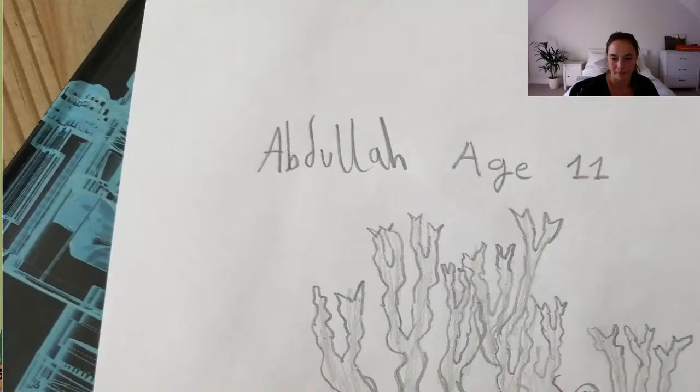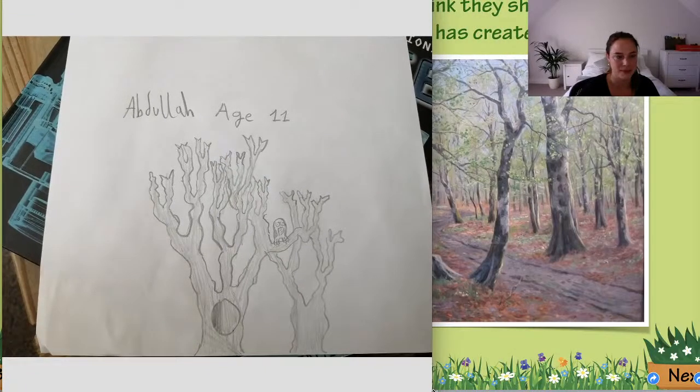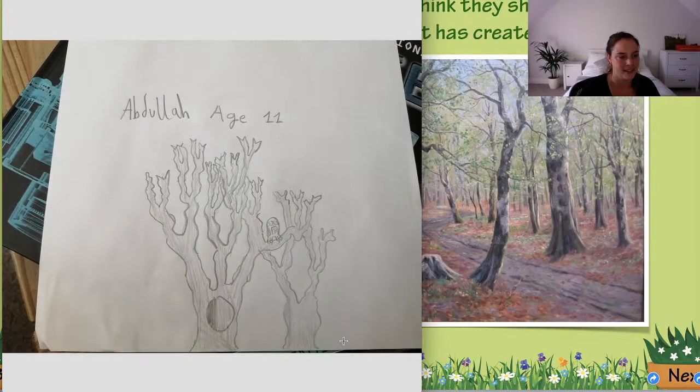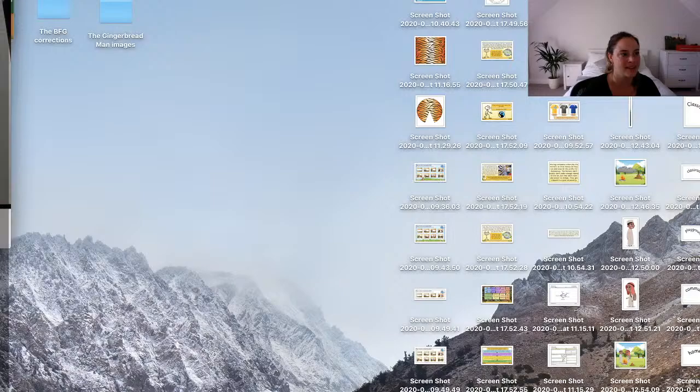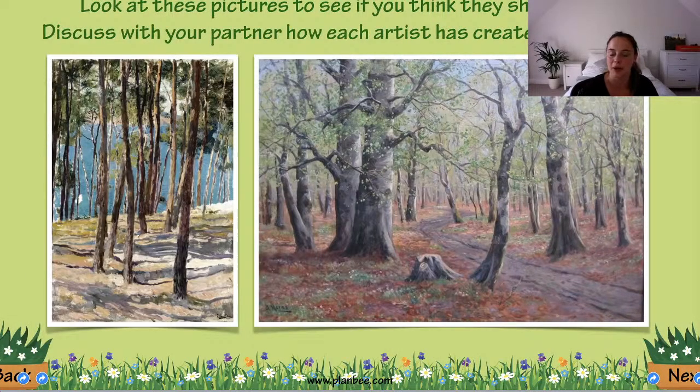Here we go. So here's Abdullah and his learning. Fabulous. So yours are sort of wiggly, and you're right, branches don't go in straight lines, do they? So they often are quite a wavy sort of shape. That's amazing. Fantastic. Thank you, Abdullah. Sorry, my screen keeps going off.